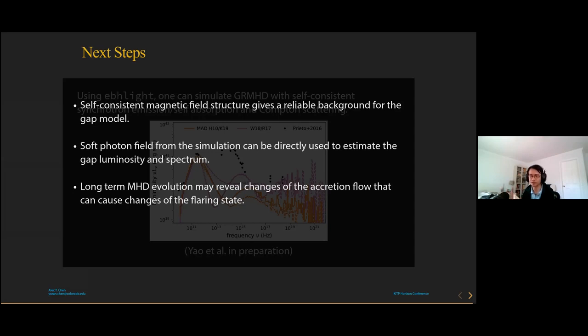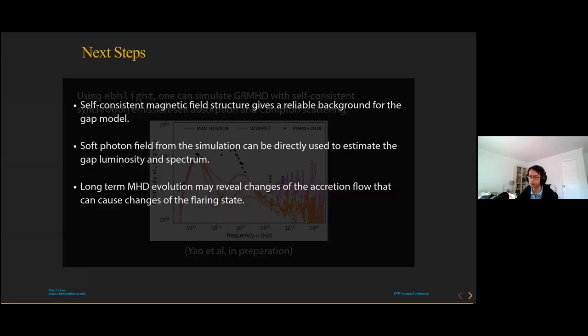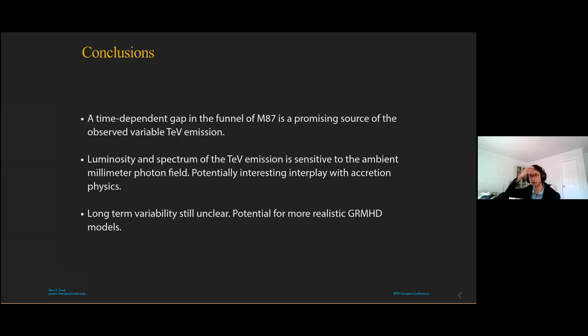That is why I was involved in trying to use these as information input to refine the gap models to make more concrete predictions. And another thing that will be interesting to explore is long-term MHD evolution and how it could affect the luminosity in the gap. This is still work in progress, but hopefully it can be done in the next several months.